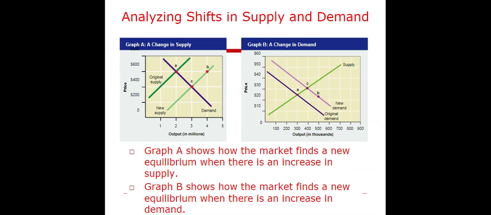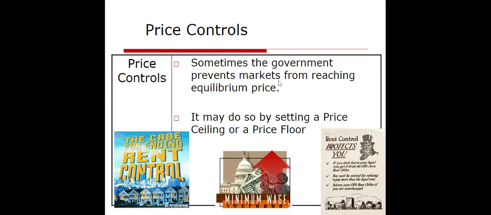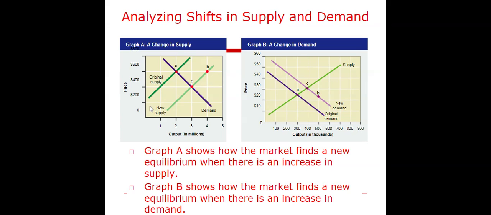So we're going to analyze a shift in supply and demand. Graph A shows how the market finds a new equilibrium when there is an increase in supply. So here's our original supply curve and then our demand curve.